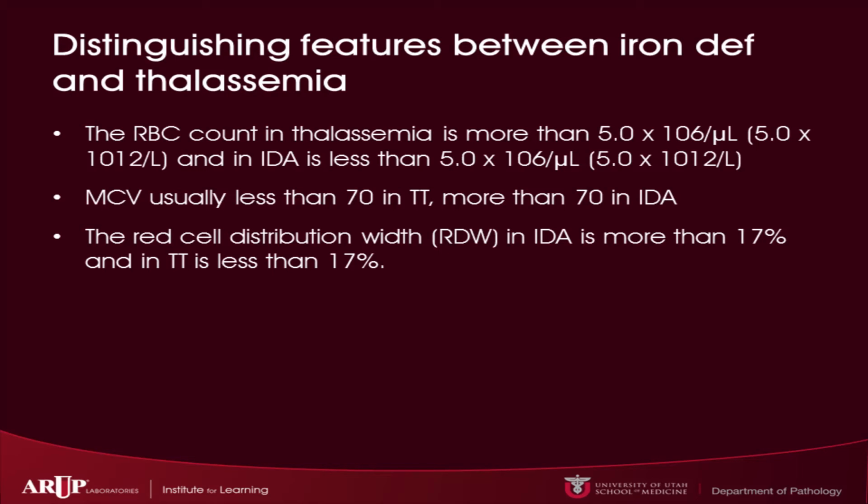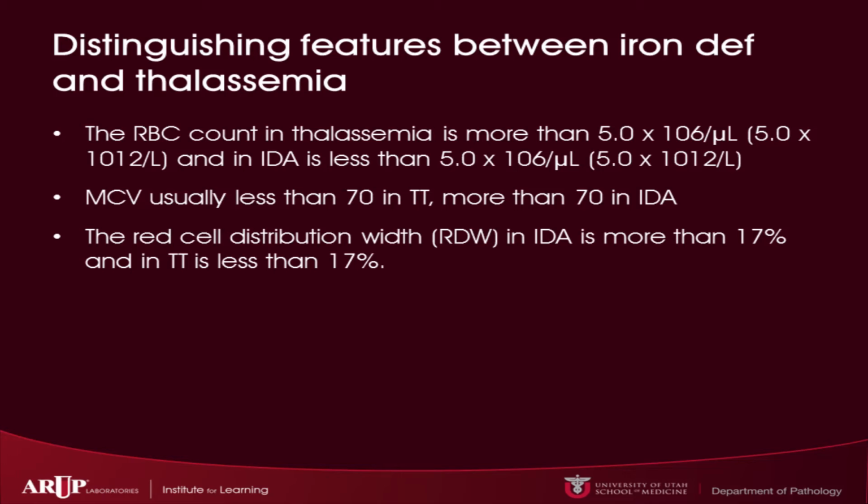Most of the time with iron deficiency anemia, I would see a red blood cell count in the lower range of normal or less than normal, MCV around 75 or 76, and RDW in the range of 17, 18 or something like that. In thalassemias, however, it's not uncommon to see a red blood cell count of either normal or higher range of normal and MCV of 65 or 60.